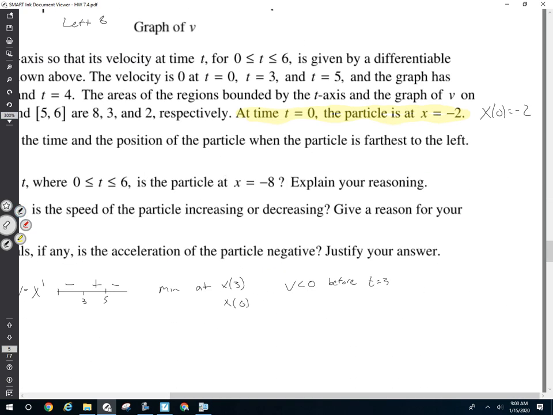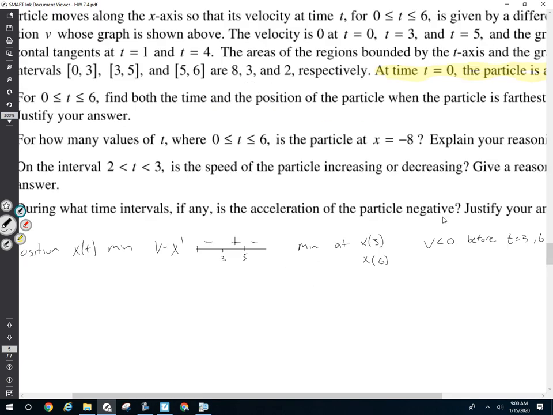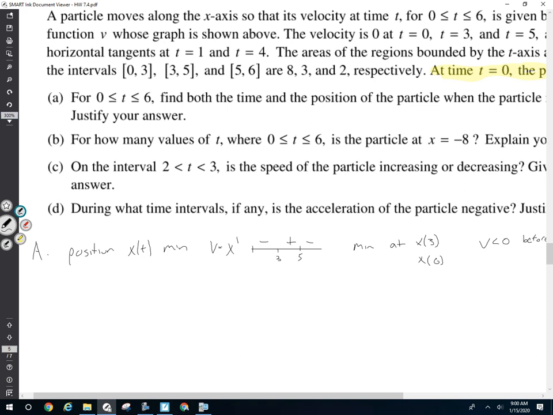Velocity is negative before 3, and it's negative before 6. You just have to now compare your positions at time 3 and 6.